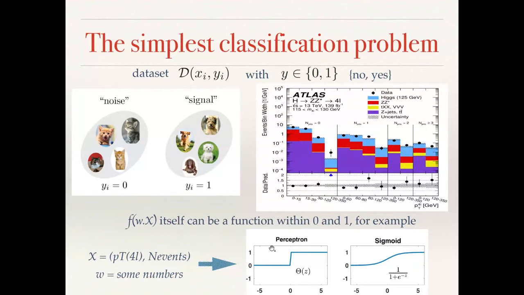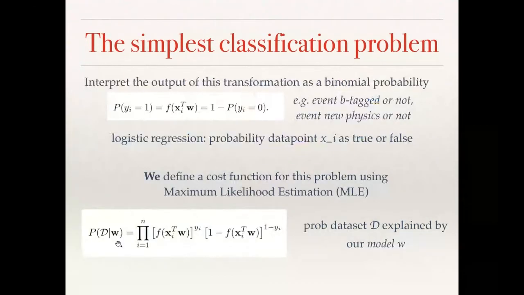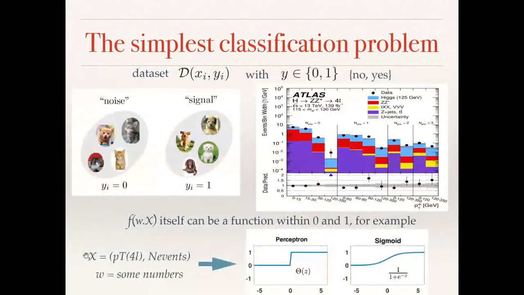This is maybe clearer when we think in terms of these events over here. Your x is going to be some number of events in a bin of energies for the 4 leptons. When you ask whether this bin, or this data point, or that data point, is signal or background, clearly you are not going to be able to say it's signal or it's background.